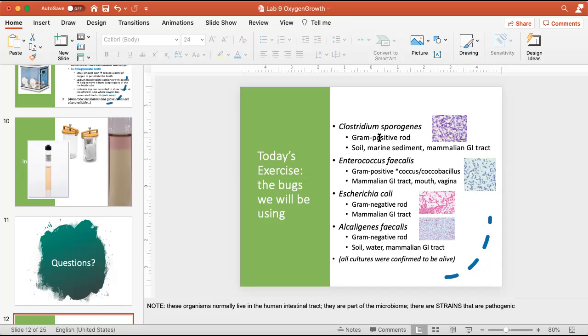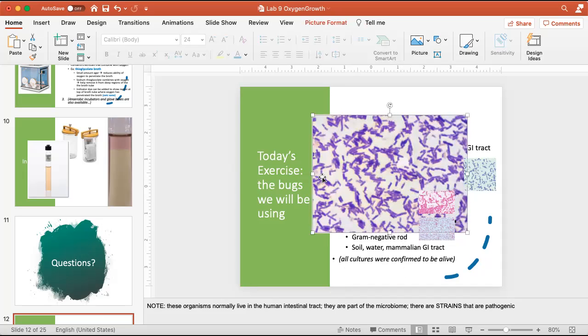This is an organism that can survive in certain concentrations of seawater, so brackish water, as we call it. Soil and also in the gut. This is what Clostridium sporogenes looks like when it's gram stained. As you can see, it's purple when it's gram stained, so it's gram positive, and it's rod shaped. See that?